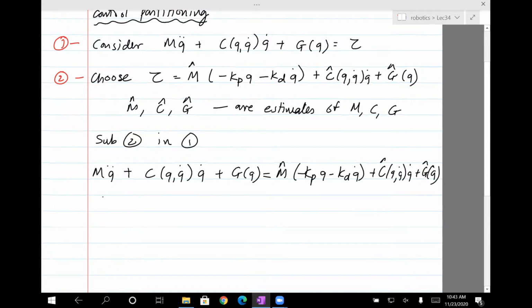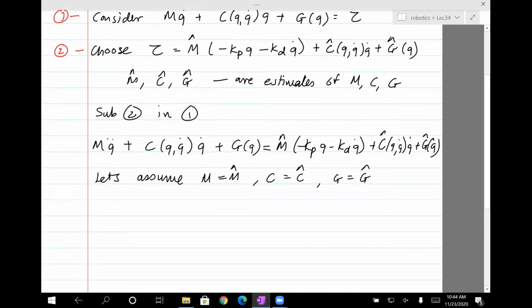Okay, now what I'm going to do is I'm just going to assume that M equals M hat, C equals C hat, and G equals G hat. That is, we have perfect estimation of the mass, C and G terms. In fact, when you do simulations, I'll show you, we can actually do this even if the mass, C and G terms are not perfectly estimated. So let's just assume that.